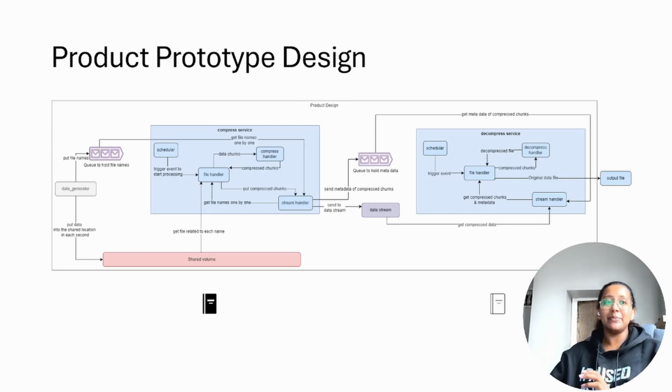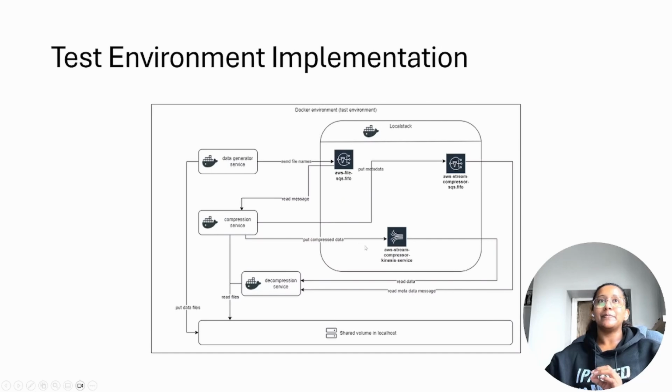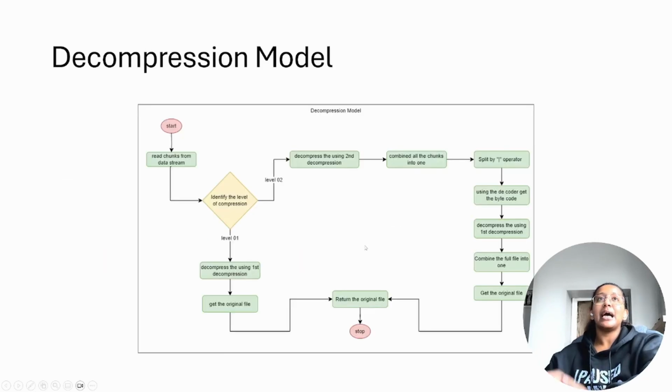The decompress service is also designed the same as the compressor service. It also has the same components: file handler, stream handler, and the decompression handler. The stream handler gets the metadata from the queue and reads the related data file from the data stream. Then the file handler passes those compressed files and the metadata to the decompressor, and it will decompress the data as discussed in this compression model.